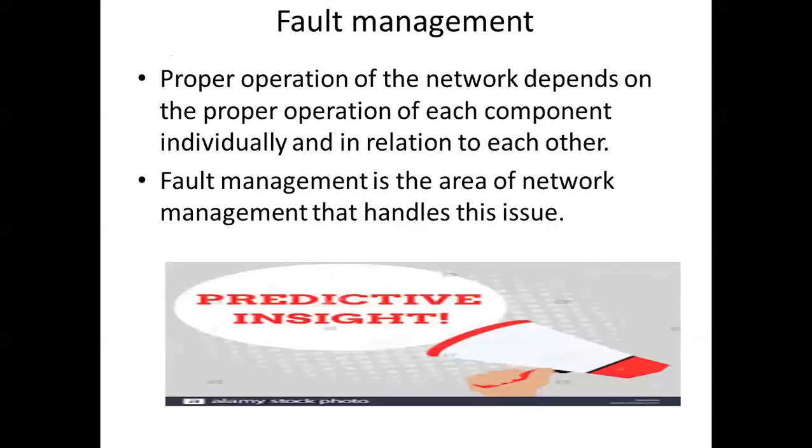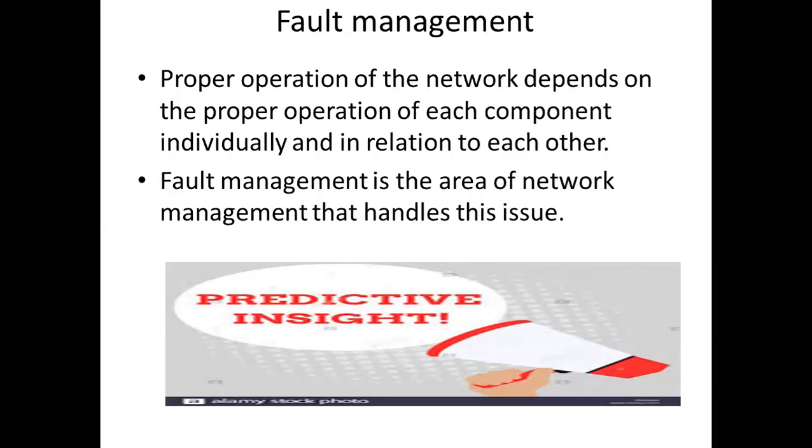Now, the next thing that we must know, which is a function of the network management system, is fault management. Now, we all know that a network is made up of a lot of components. We expect that all these components operate properly. Proper operation of the network will depend on the proper operation of each component. So if all the components of the network are working correctly and they are able to give you the expected output, then there is no problem.